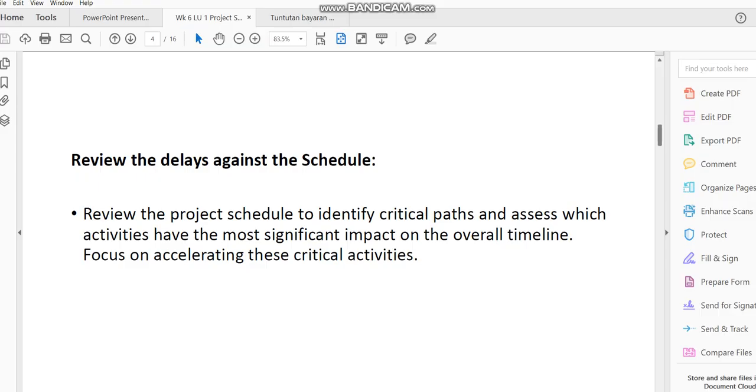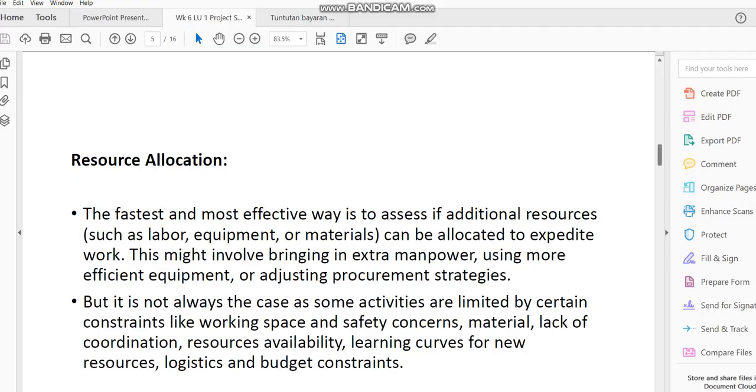A non-claimable delay means that you're not going to be compensated with more time. A claimable delay is such as unforeseen weather, or natural disasters and all that kind of thing. Like nowadays, there's a very big flood going on in certain places, and that is a natural disaster, an unexpected, unforeseen situation. There are certain delays that are claimable, and when the delays are claimable, you deal with them in a different way. If the delay is non-claimable, you've got to deal with it in a different way. So you see, there are different categories of delays.